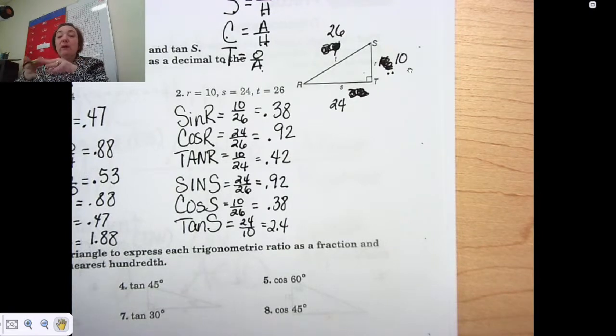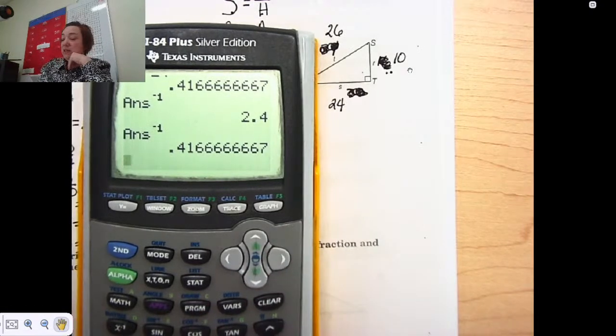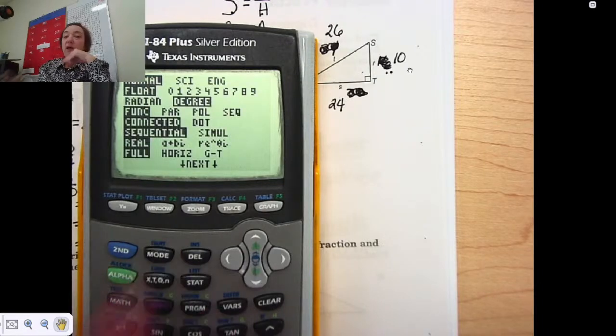Now, what we are about to do is you're about to see that this works no matter what. So I want you to take your calculator. You got your calculator? And I want you to hit this button that says mode right here. Y'all see mode? It's right beside the blue button. On the third line, do you see where it says radian and it says degree?